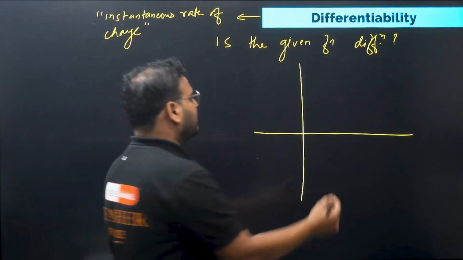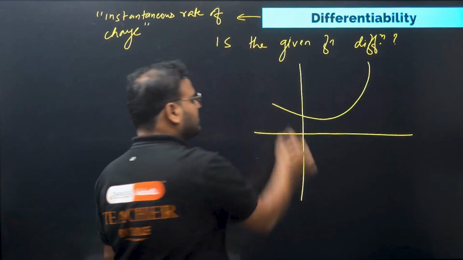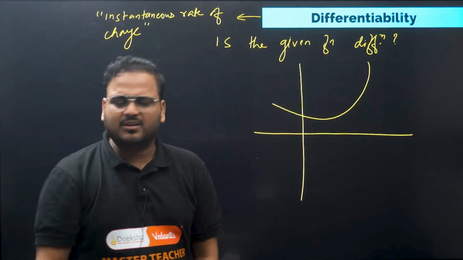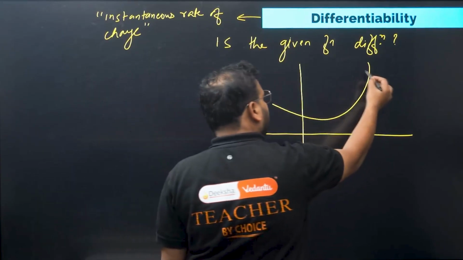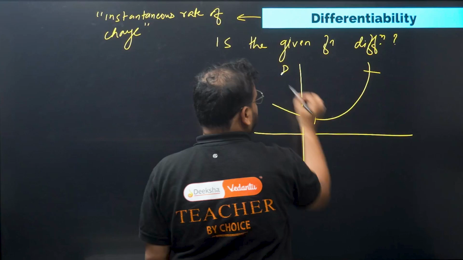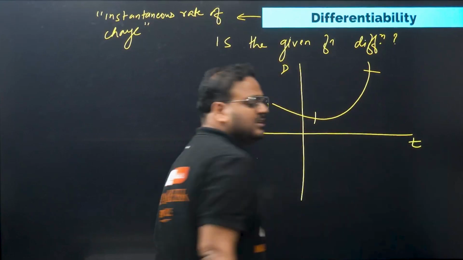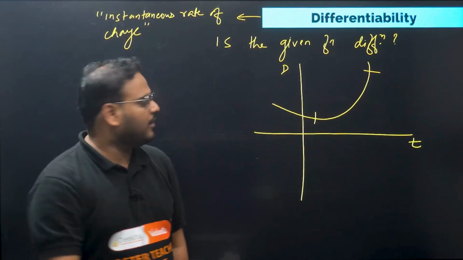For example, if I look at the graph, let's say this is the graph. What type of graph is this? I can say a parabolic graph. Let's say this is a dt curve, a distance-time curve or displacement-time curve, whatever you want to say.